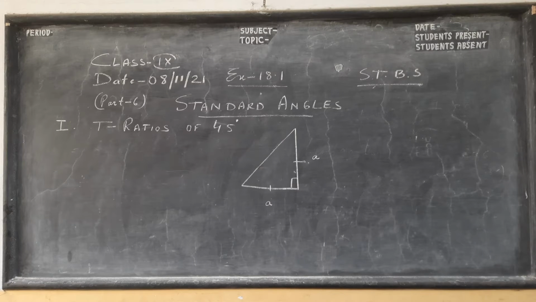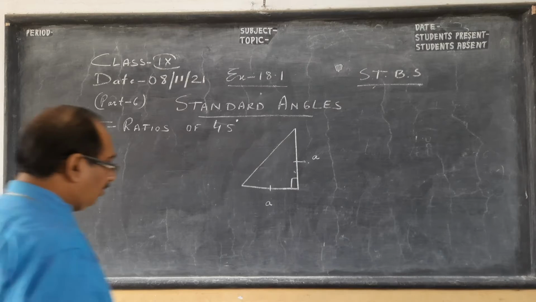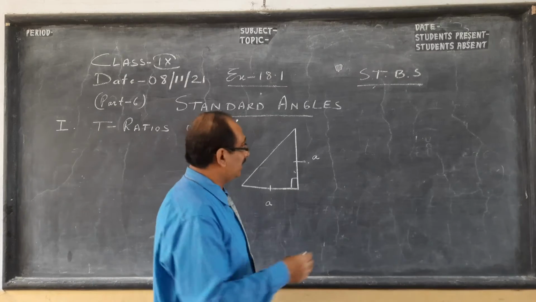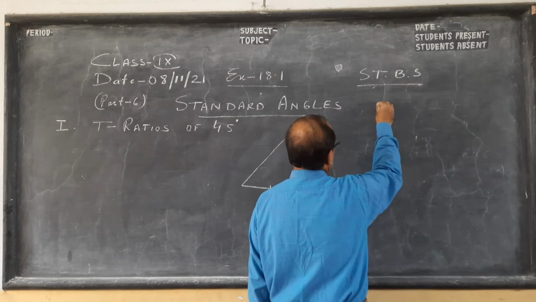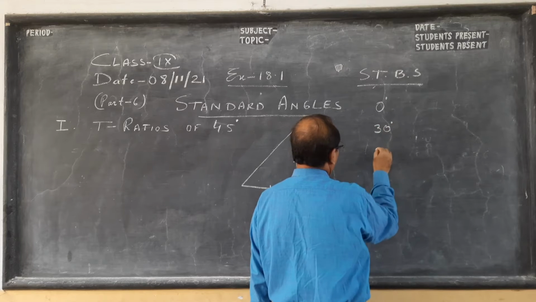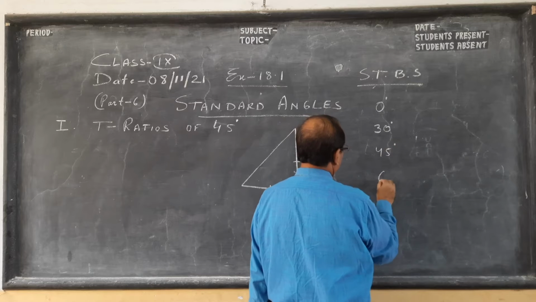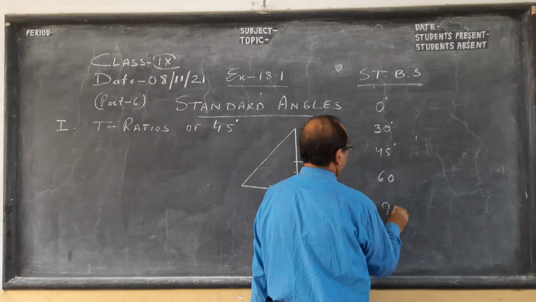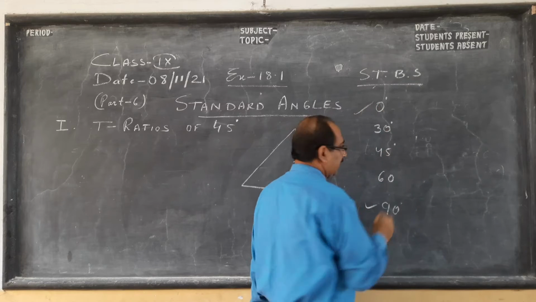Before I start with 45 degree, what are the trigonometric ratios of standard angles? We take the following angles: 0 degree, 30 degree, 45, 60 and 90. These two I'll do at the end.